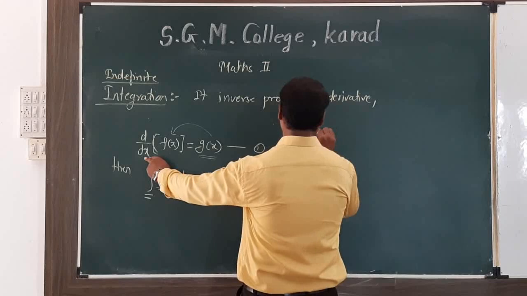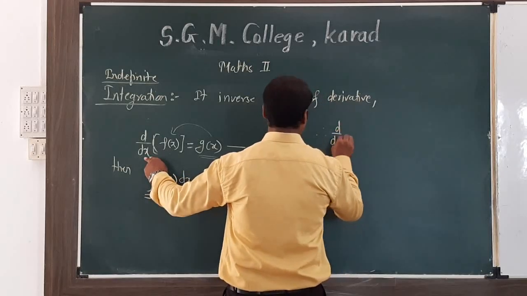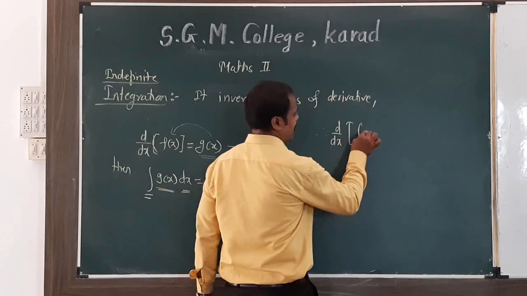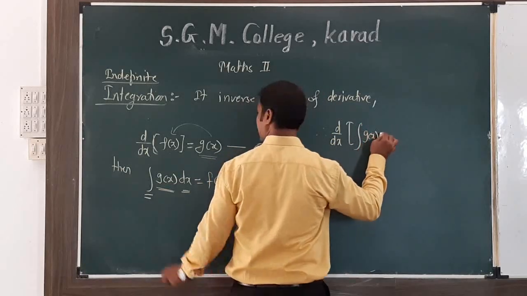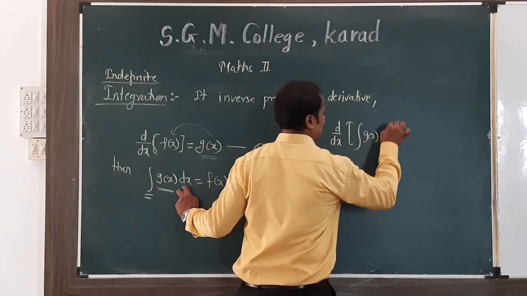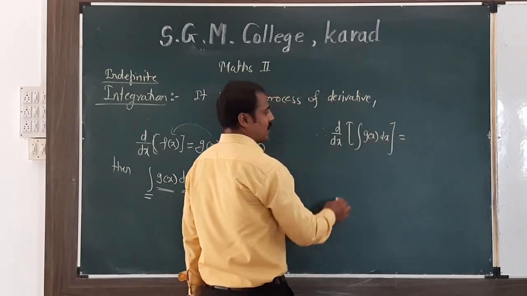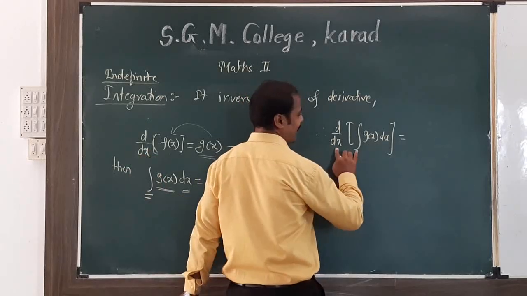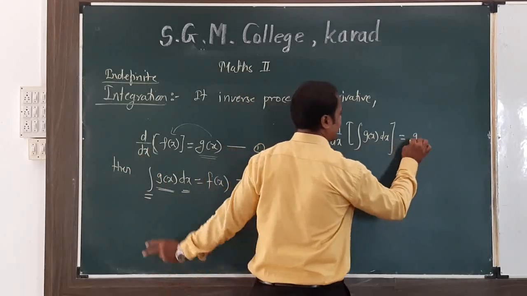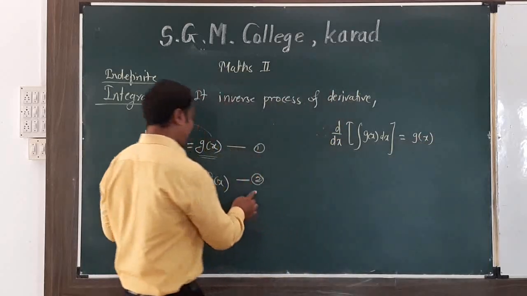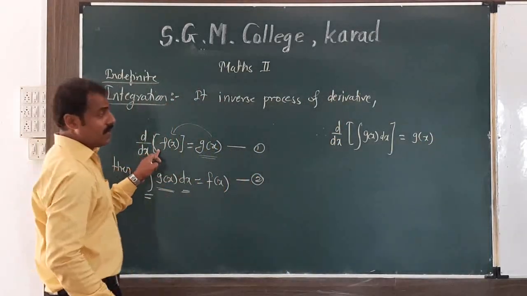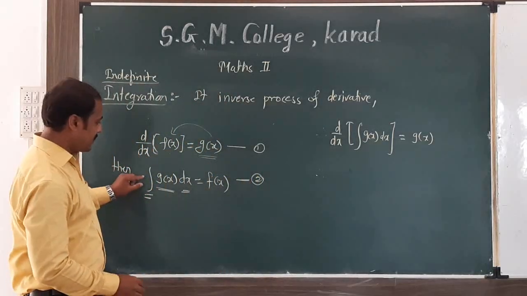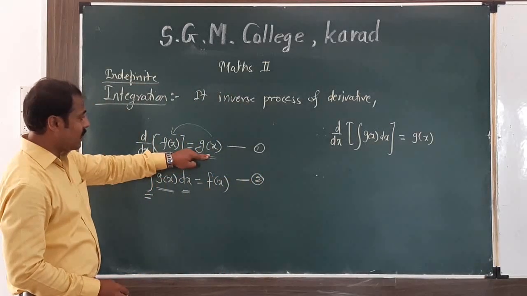So it becomes d/dx of the integration of g(x) dx is equal to, here integration and derivative cancel each other, and the answer is g(x). Just put the value of equation second in equation first. Okay, and when we use equation first in equation second, we use the value of g(x).